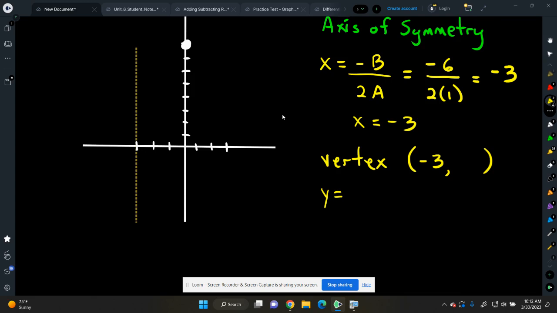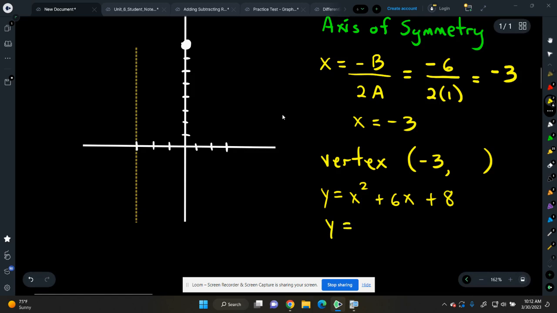Well, y equals x squared plus 6x plus 8. And I'm like, let me think. X is negative 3. What does y equal? So what do I do to figure out what y equals?